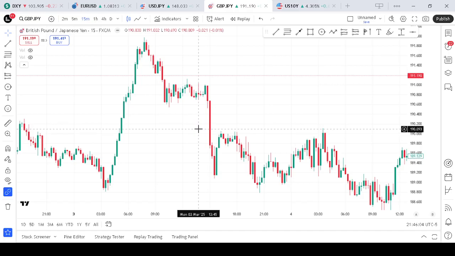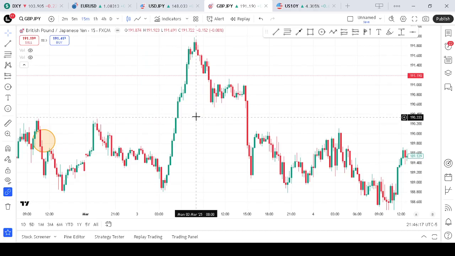When analyzing this pattern, pay particular attention to the location on the chart. A long black candle that appears near a major resistance level after an extended uptrend carries more significance than one forming in a sideways moving market.